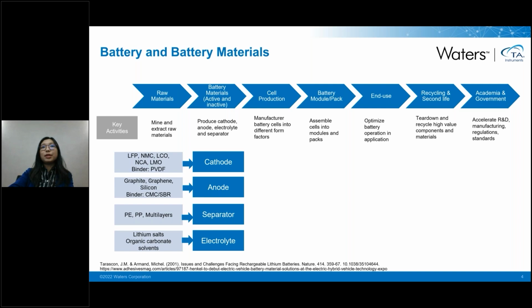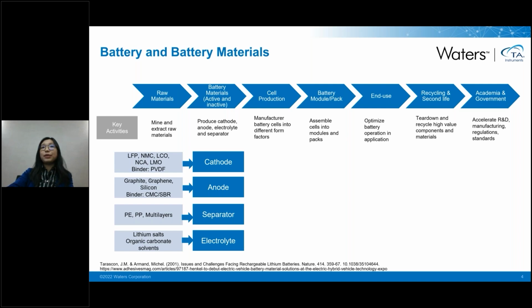And then those raw material active cathode and anode material will go into formulation into battery material, including cathode, anode, separator, and electrolyte. So cathode material is typically made using a lithium metal oxide such as LFP, NMC, LCO, NCA, or LMO.